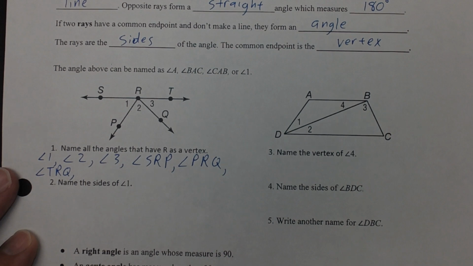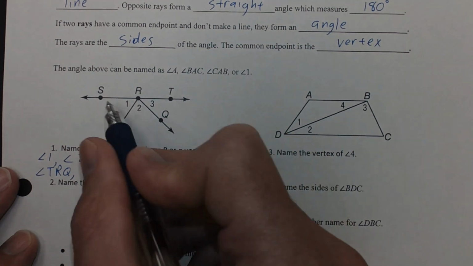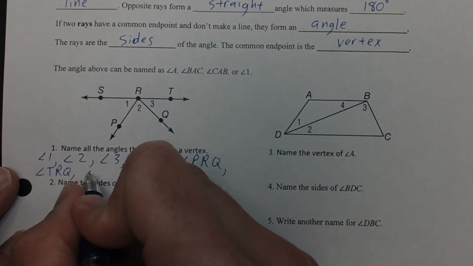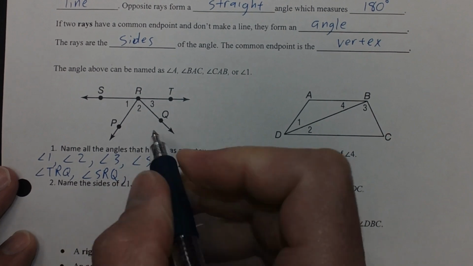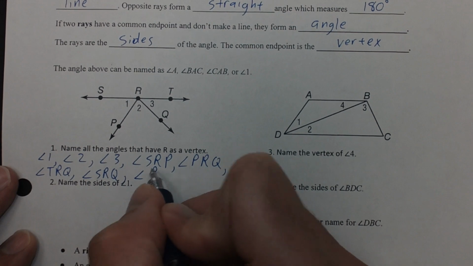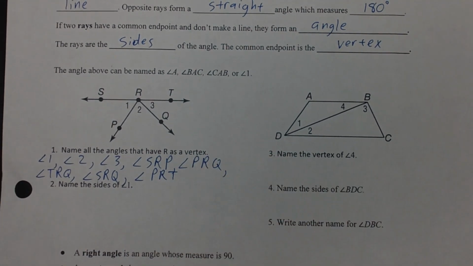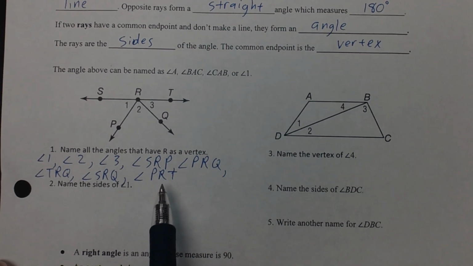We could have also gone for the bigger angles, which would be SRQ. That's combining angles 1 and 2. So angle SRQ. And the other big angle would be angle PRT. Those are all the different angles. You could reverse the order for any of these if you wish, but they're still going to be the same angles.